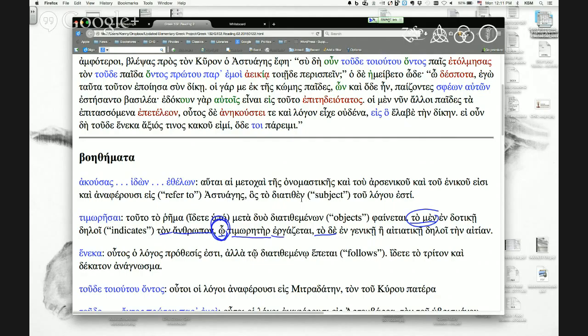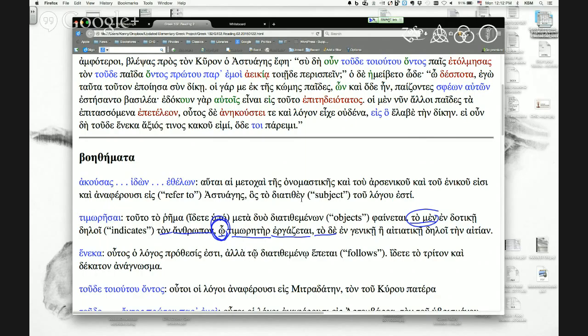Timoreter ergazetai. So ergazetai, works.